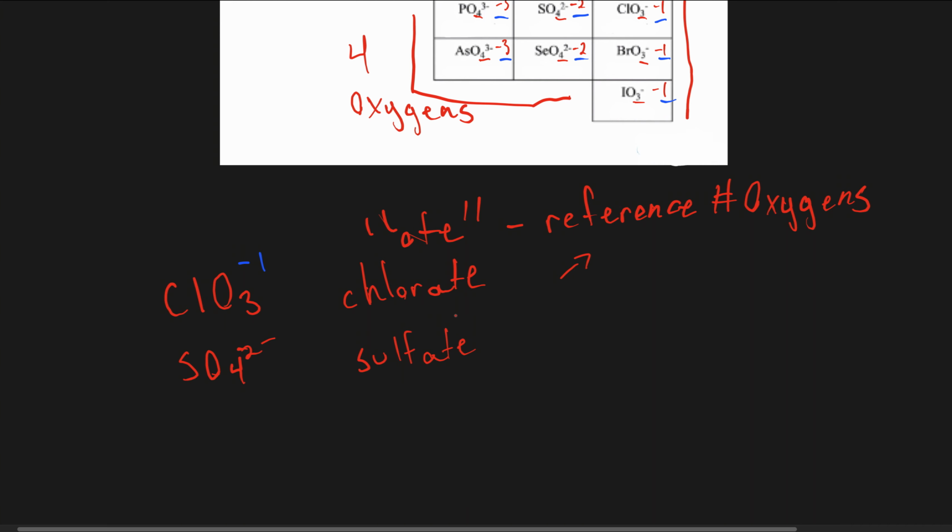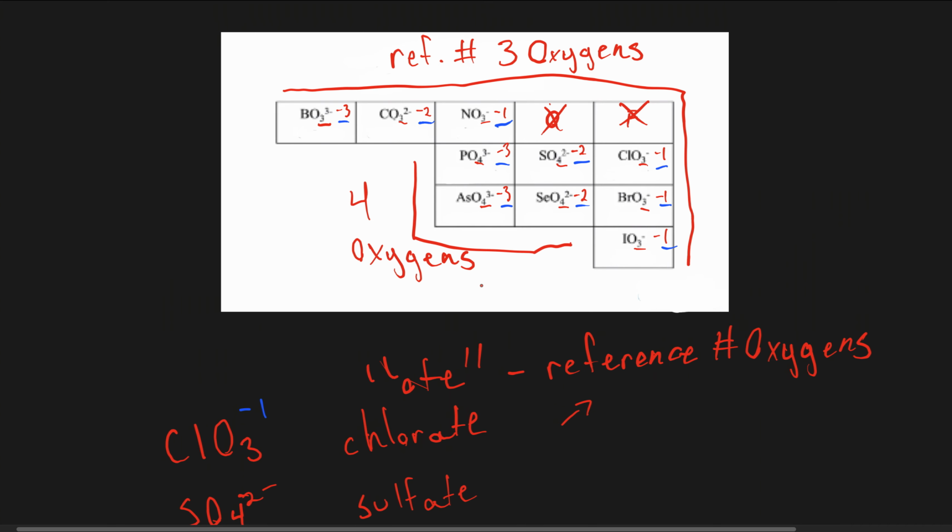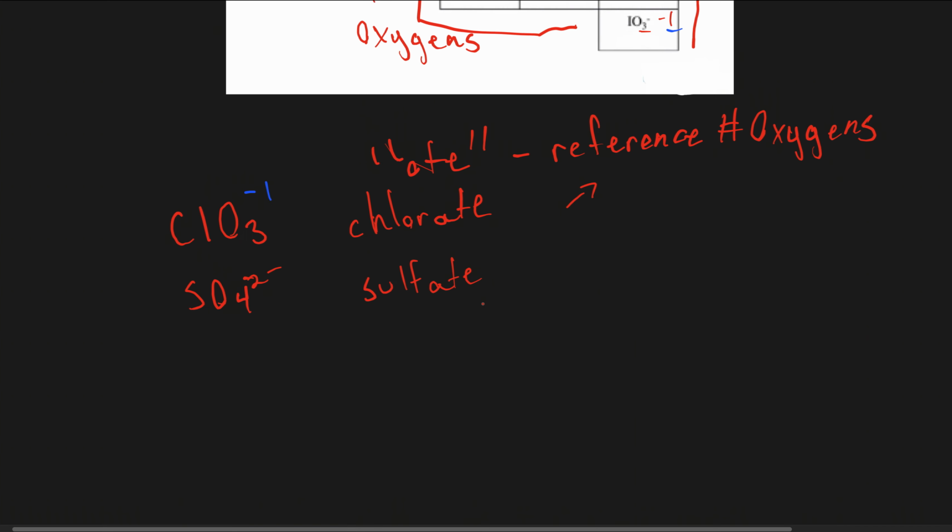Now, this comes in handy when naming all of the base forms of these different elements. But what happens if we change the number of oxygens? What happens if it comes with 2 oxygens instead of 3, or 5 instead of 4? Well, I'm glad you asked.